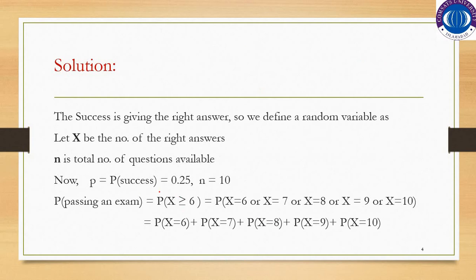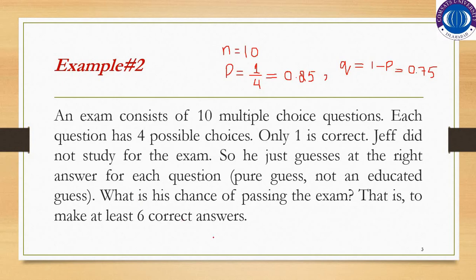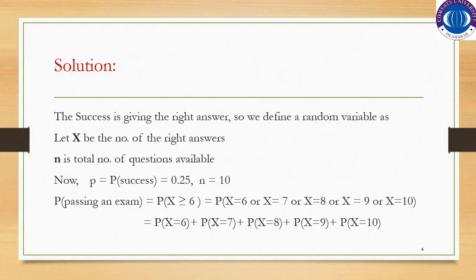As we know, the probability of success is 0.25, n is equal to 10, and q is equal to 0.75. For the probability of passing an exam, they are saying that he should mark at least 6 correct answers. So at least means that he should mark a minimum of 6 correct answers. They are only specifying the minimum limit.